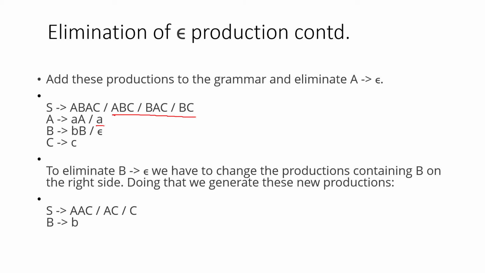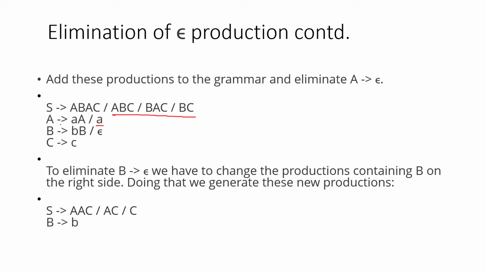Similarly, we have to do it for capital B, because there is a possibility of capital B to epsilon also. Now, if we have capital B to epsilon, from previous experience, I hope you will realize that you have to modify those production rules where B is present on the right hand side. And you have to consider all the different combinations where I can put this epsilon.